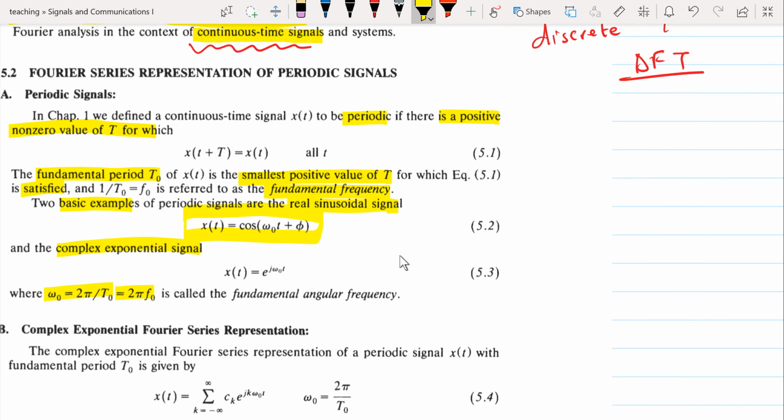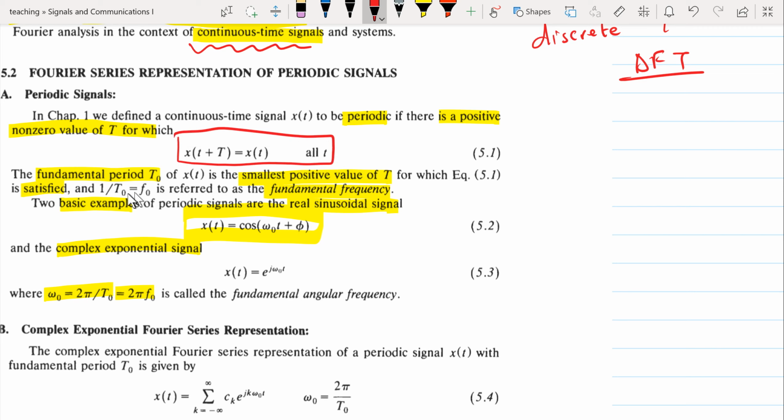To start us off, we look at the Fourier series representation of periodic signals, and we remind ourselves of the periodic signals that we looked at in chapter 1, where we defined a continuous time signal x(t) to be periodic if there is a positive non-zero value of T for which equation 5.1 is satisfied for all t.